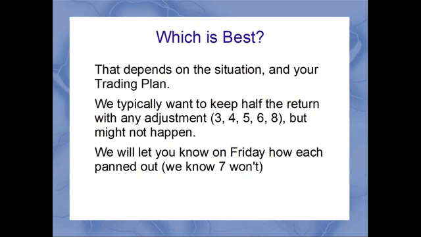Make sure that the new max return is as close as you can, at least half of what you originally expected. I expected to make 11% with a 20-cent net credit. Any one of these adjustments I do, I'd want it to be around 9, 10, or 11 cents to be half of what I originally expected. Why? Because if it works out, it's almost the same as the 50% of you earlier on that poll said that you would like to close the position if it reached a 50% profit.